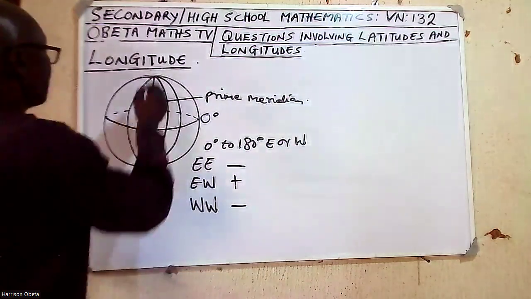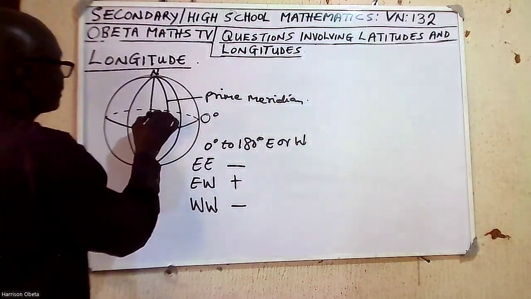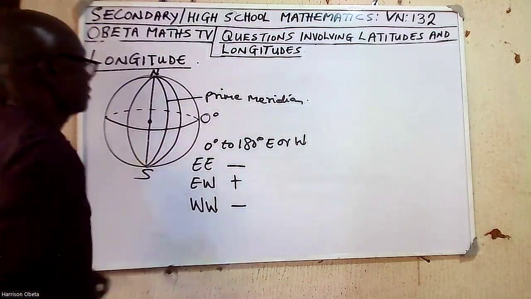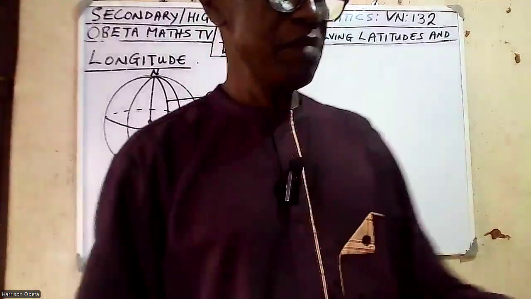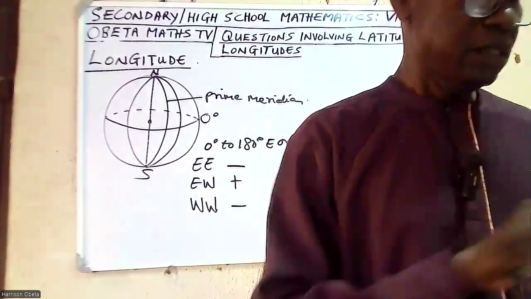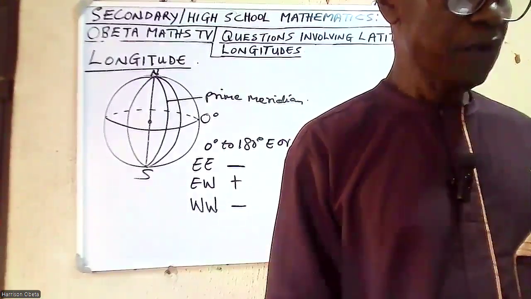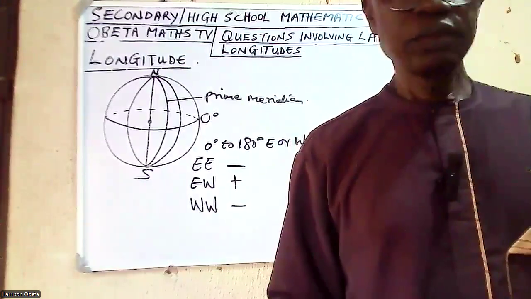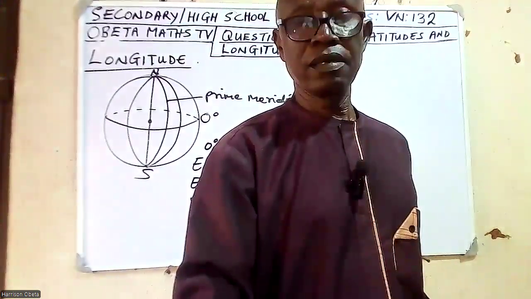Remember that this is our north and south pole, and this is the center of the earth. So let us move on. As I've explained the latitudes and longitudes, the next thing is for us to see some examples.